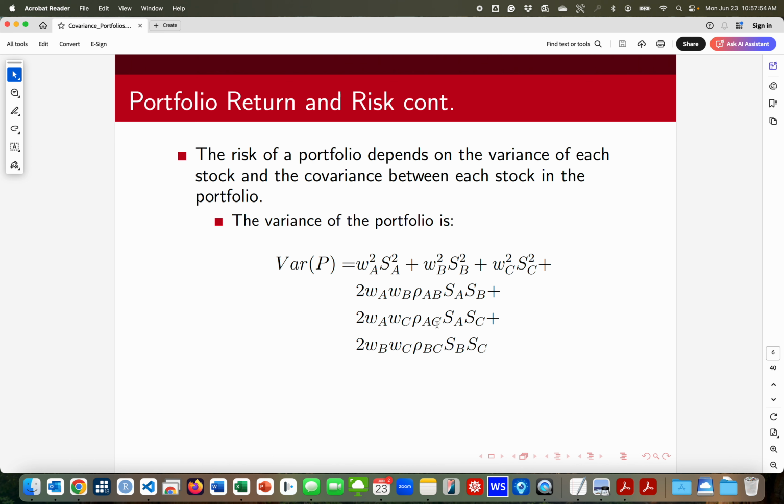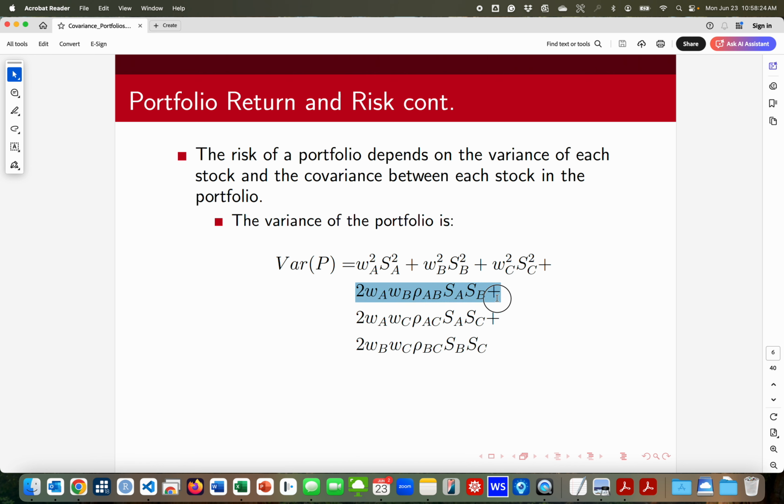So the key to this entire lecture is the importance of these terms right here. The variance of the portfolio is going to be higher if the variances of the individual components are higher, but also if they are positively correlated with each other, or have positive covariance.